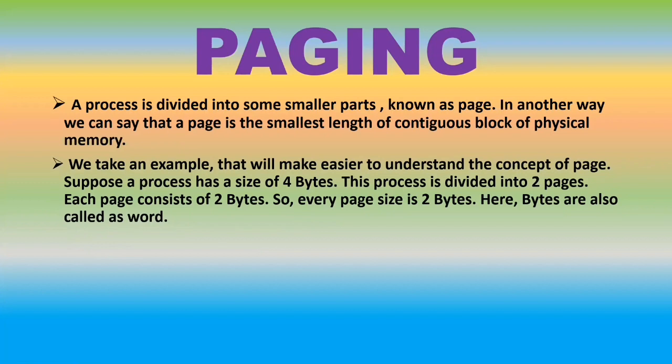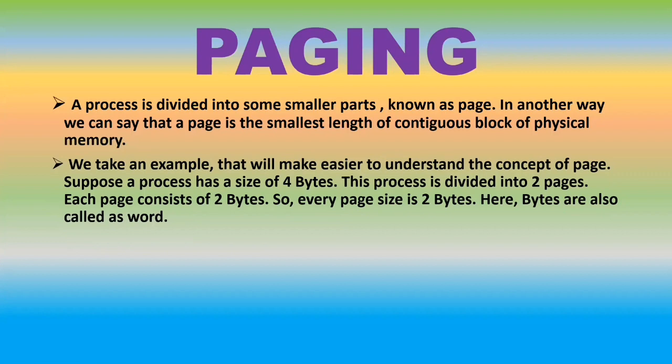Each page consists of 2 bytes, that is, every page size is 2 bytes, because the total size of the process is 4 bytes and it is divided into two pages. Here bytes are also called words. Word is also a very important term; we will discuss it in cache mapping.